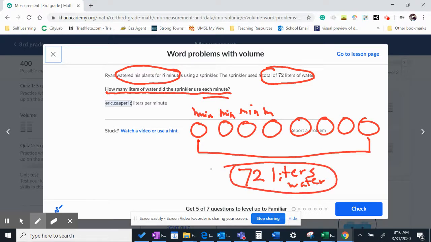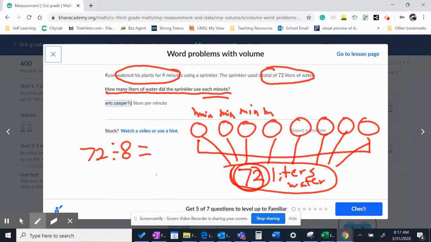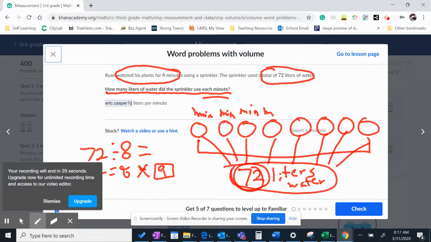Now, how many liters of water did the sprinkler use each minute? So we're going to spread the 72 liters of water out into 8 minutes. And 72 divided by 8 equals what? Now I teach kids what times 8 equals 72. And if you know your multiples, it's 9.